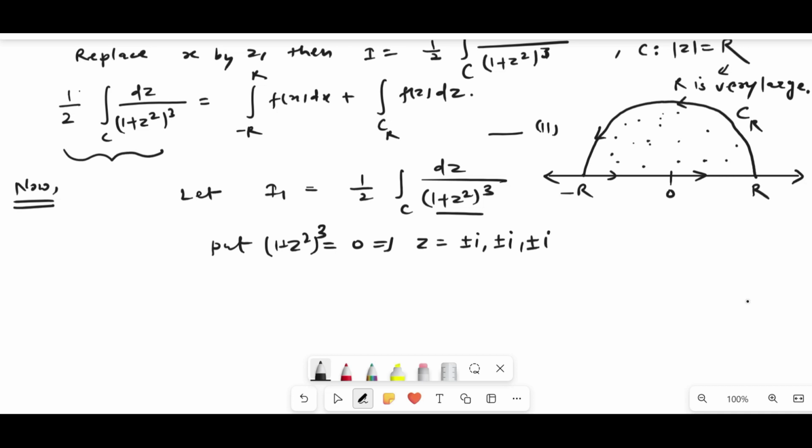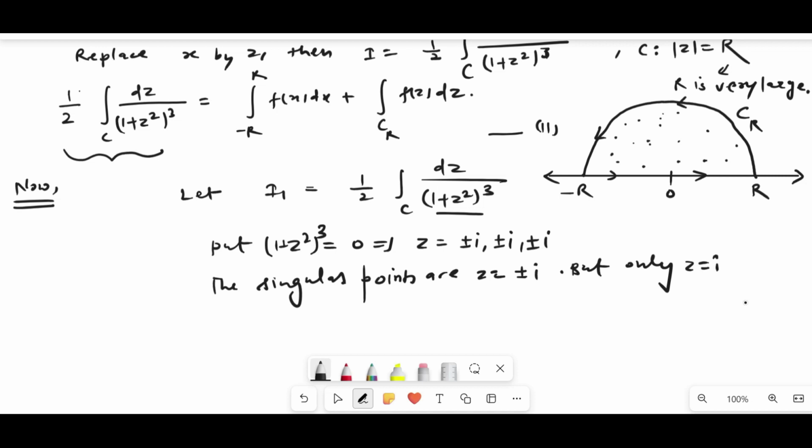So we can say the singular points are z equal to plus minus i, but only z equal to i lies in the upper half circle.